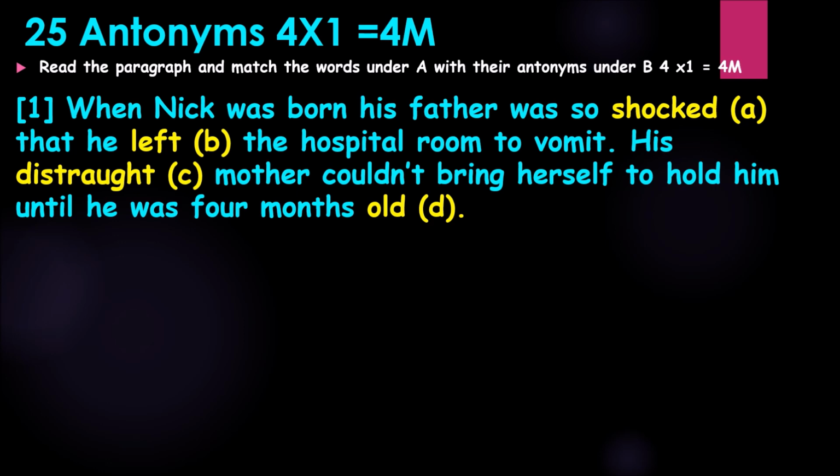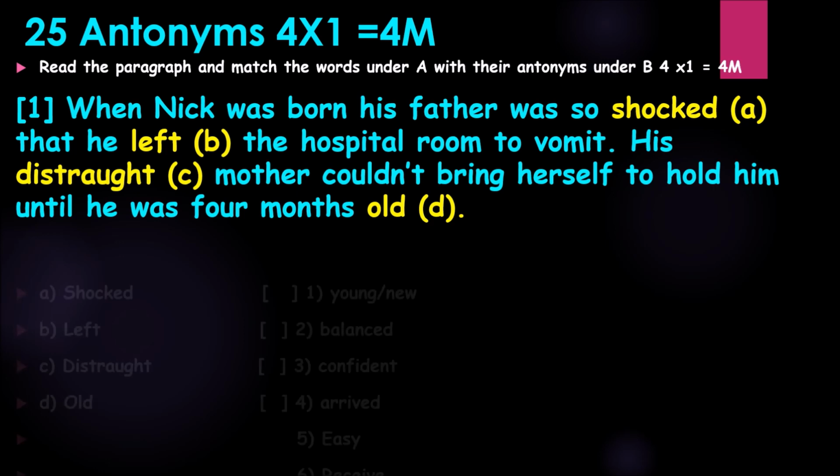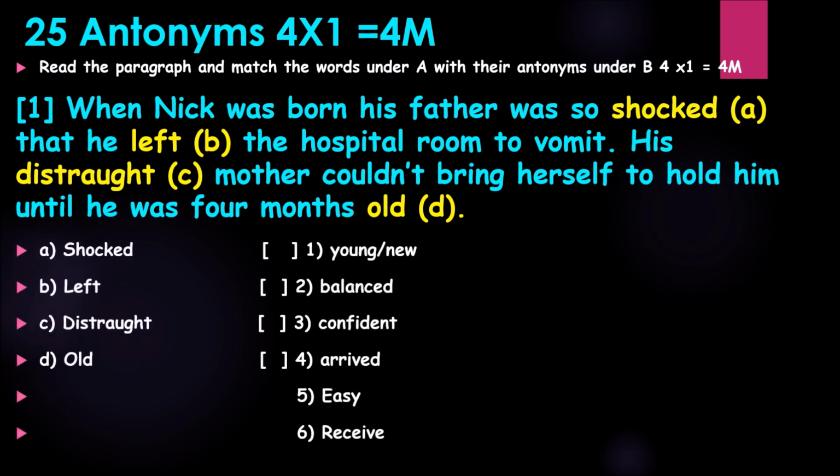Now, if you think directly of the antonyms for the word left or old, you will have two. Like when we think about left, obviously you will get right. Old means again you will have young or new. But you have to pick out the antonyms correctly from the given words according to the context. That's what you have to take care of.